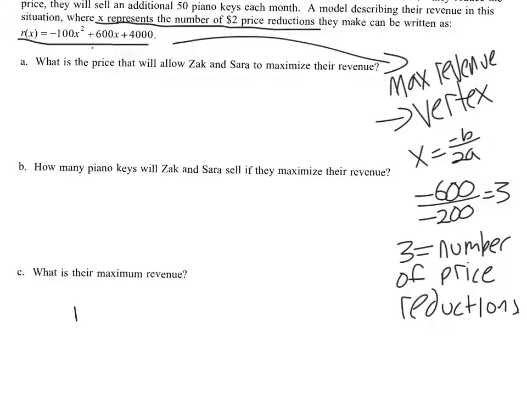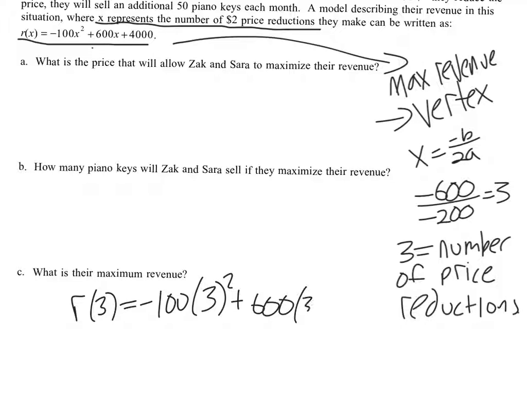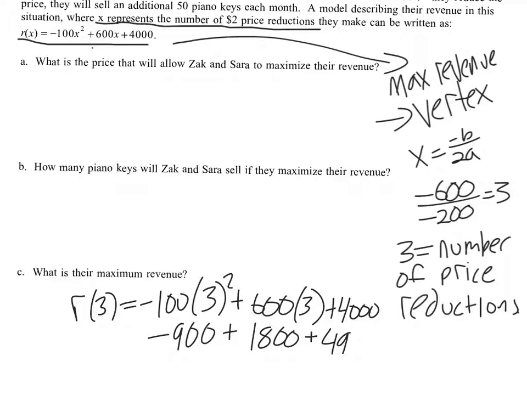So I'm looking for r of 3, which is negative 100 times 3 squared plus 600 times 3 plus 4,000. Okay? So it's going to be negative 900 plus 1,800 plus 4,000. It's going to be $4,900 is their maximum revenue.